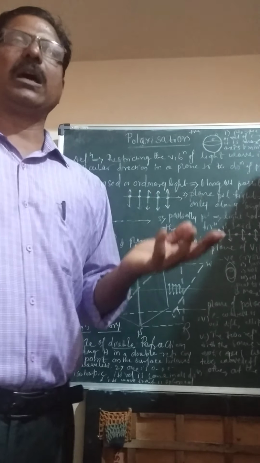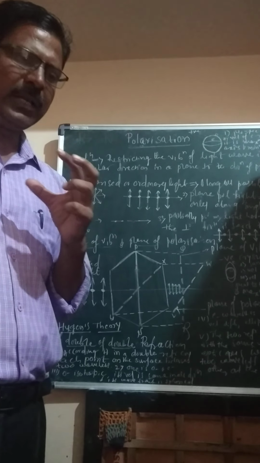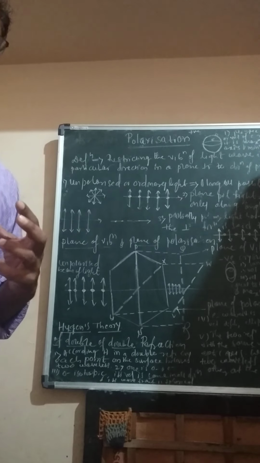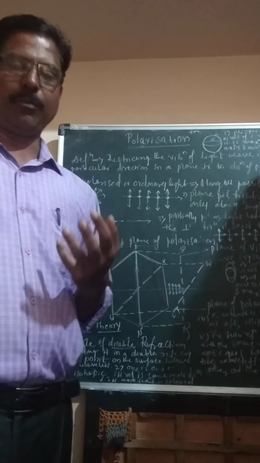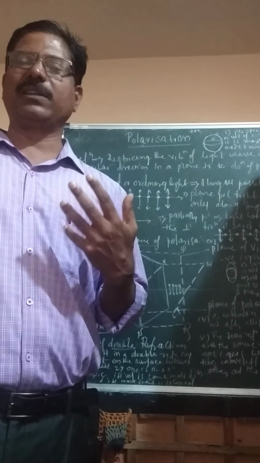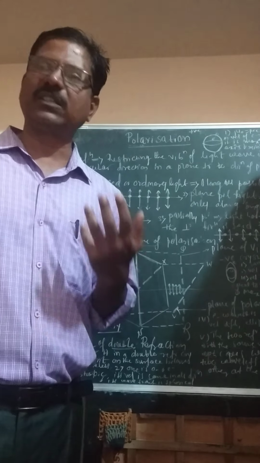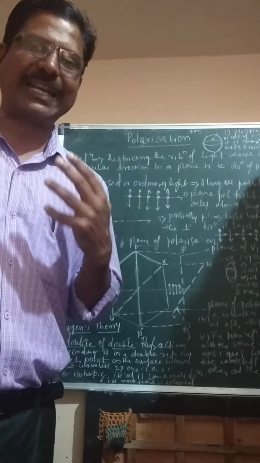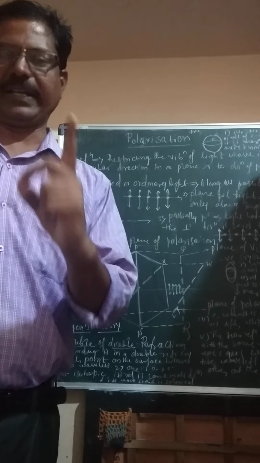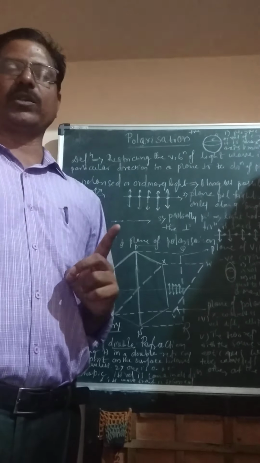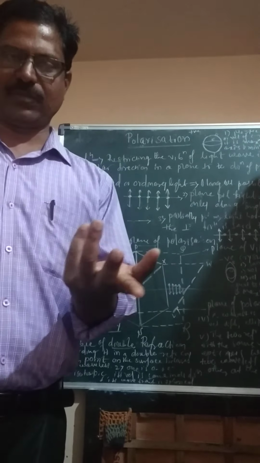So here we need to understand what is meant by polarization by double refraction. When a beam of light is passed through a certain crystal, such as calcite, two refracted rays are obtained instead of a single ray. This phenomenon is called double refraction.